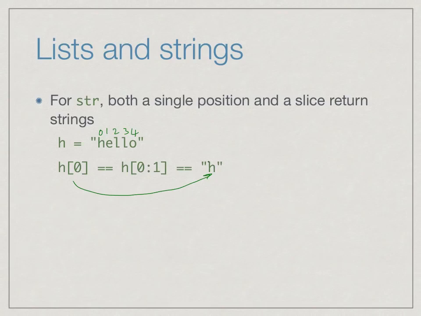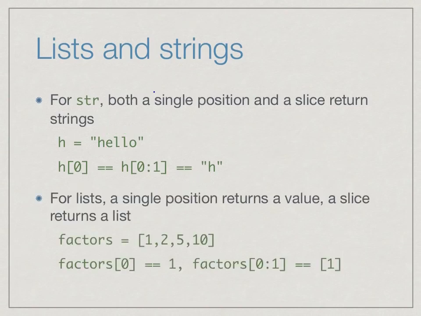But the letter h in Python is indistinguishable from the string h. Similarly, if we ask for the subsequence from 0 to 1, but not including 1, then again we get the string h. So in one case, it's as though we constructed a substring of length 1. In one case, we got a single character, but Python does not distinguish. So h[0] is actually equal to, as a value, the slice h[0:1].